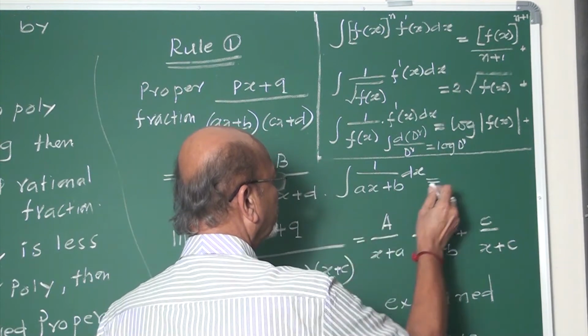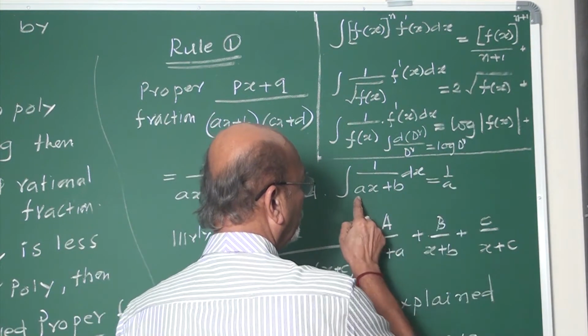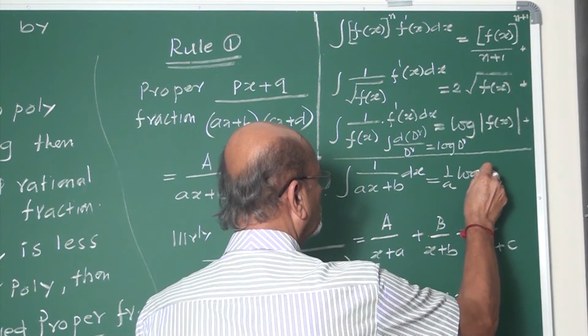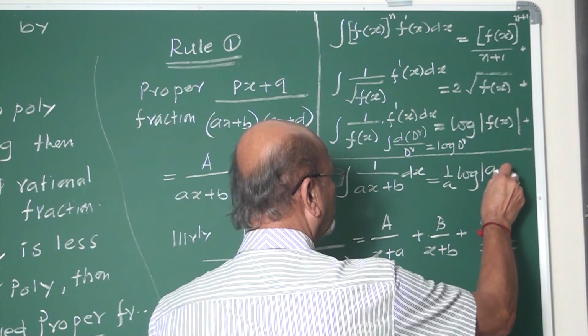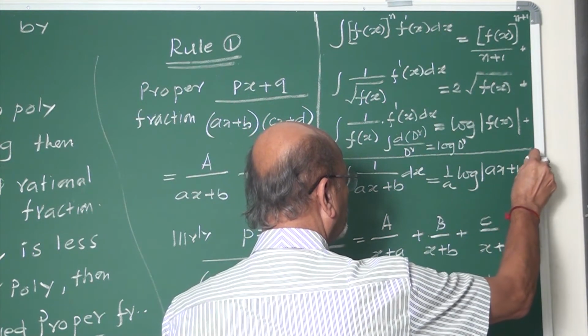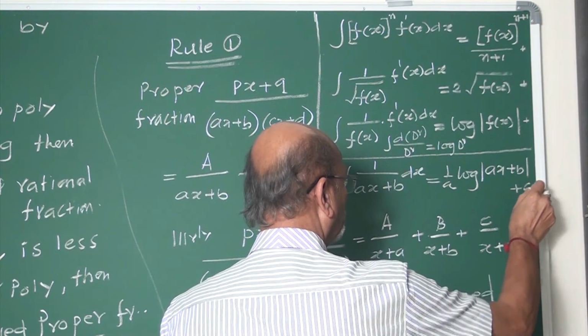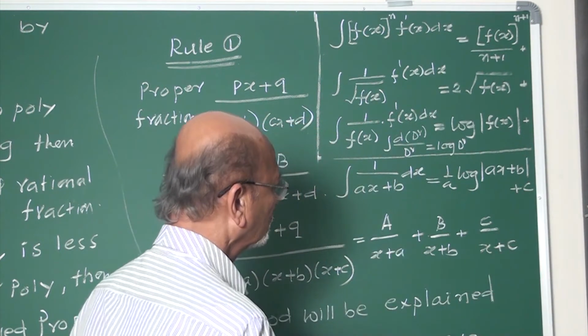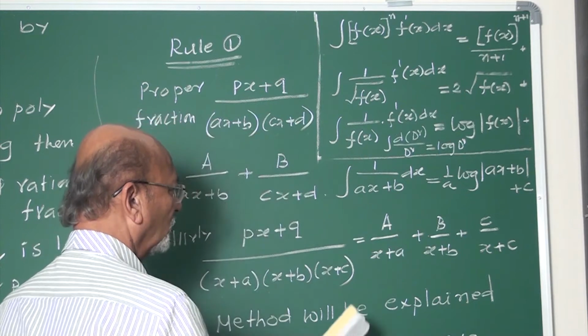Is it x? No, other than x means divide by the coefficient, log mod of the denominator ax plus b, as usual plus c. 1 by x is log x.